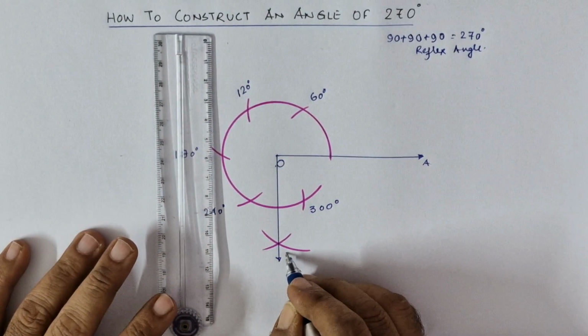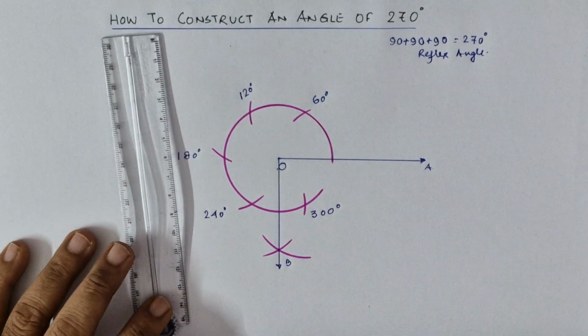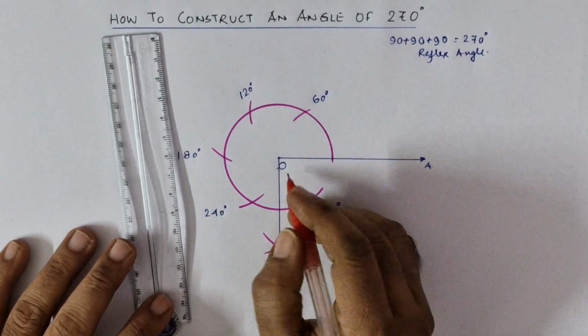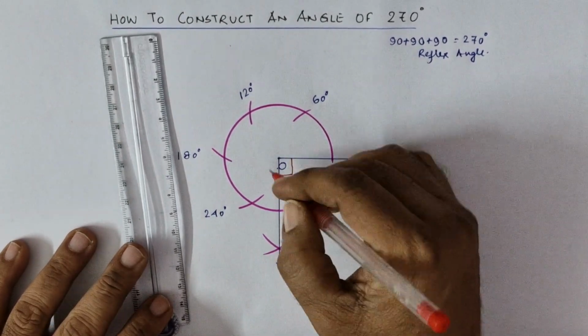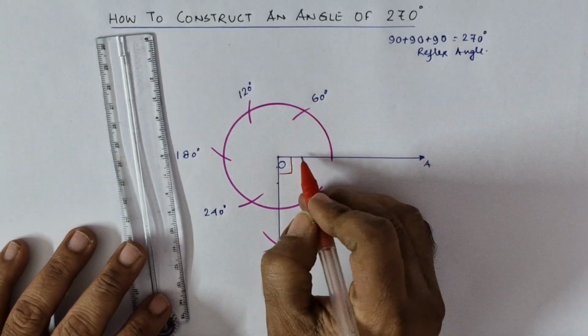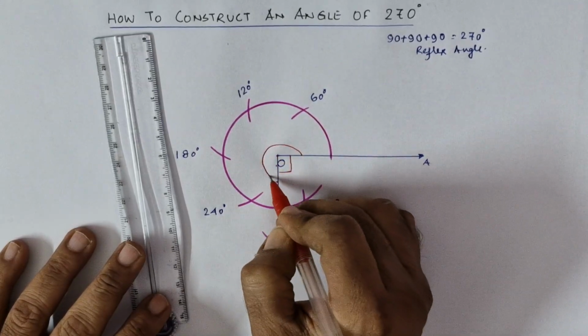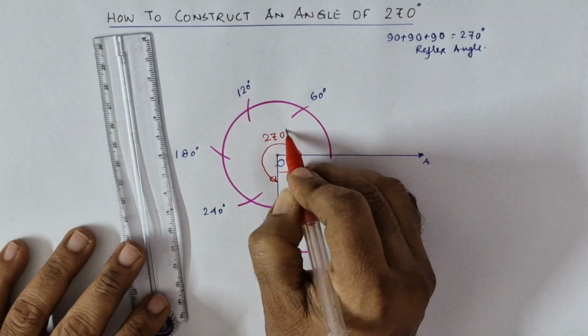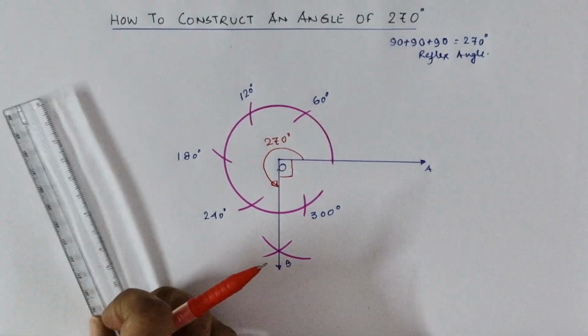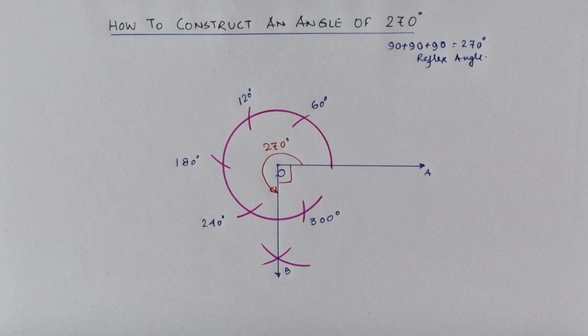So we'll name it as B. Now you can see very clearly, student, this is 90 degree, this is 90 degree. And this one will be 270 degree. Got it? So this is a very simple way of constructing 270 degree.